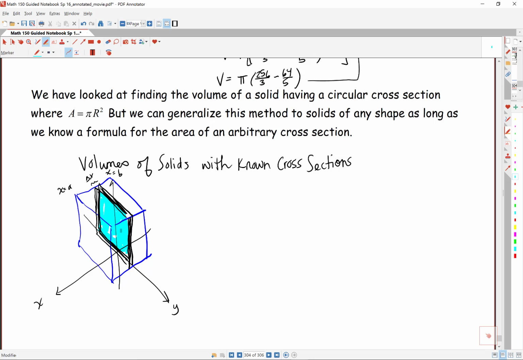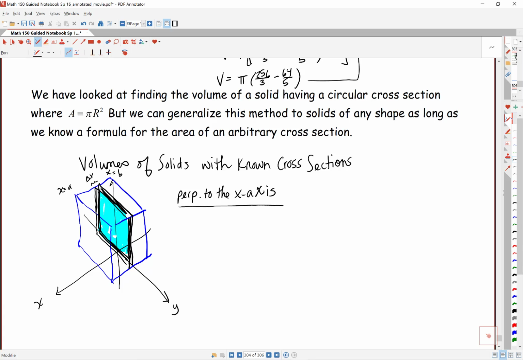So what happens is, for this particular situation, when you're perpendicular to the x-axis, the volume will equal the integral from a to b of capital A at x times dx, right?